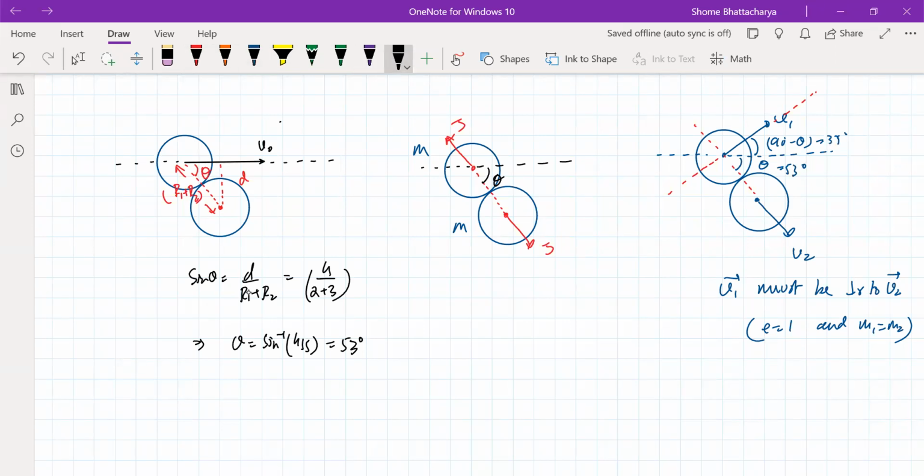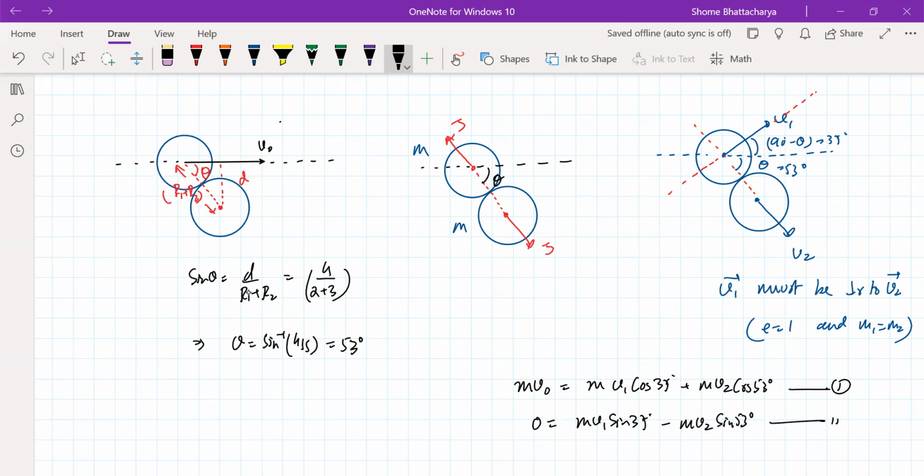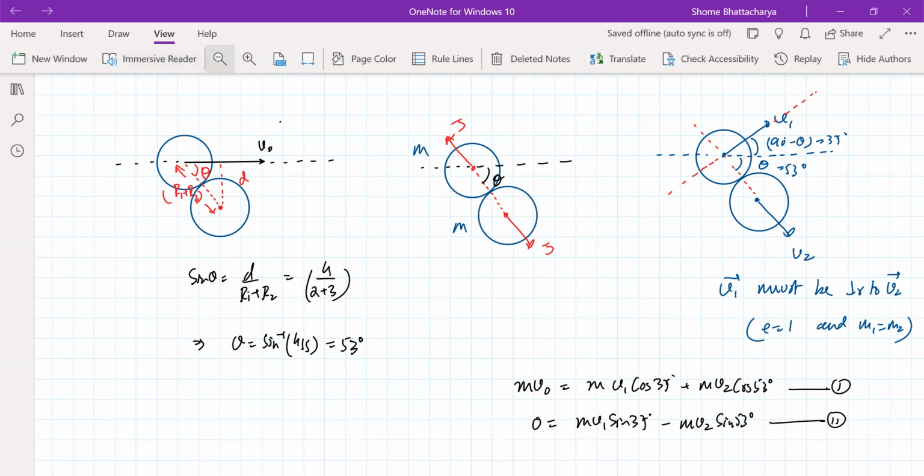MV0 equals MV1 cos 37 plus MV2 cos 53. This gives one relation, and 0 equals MV1 sine 37 minus MV2 sine 53. Just these two equations are enough to solve this.